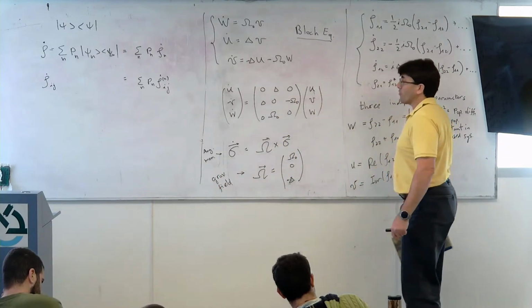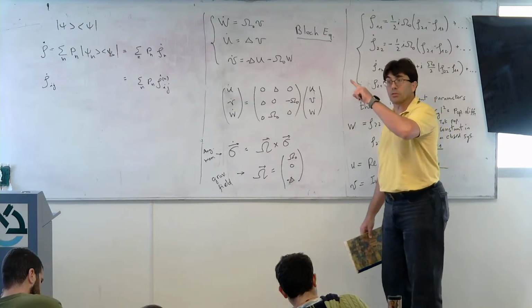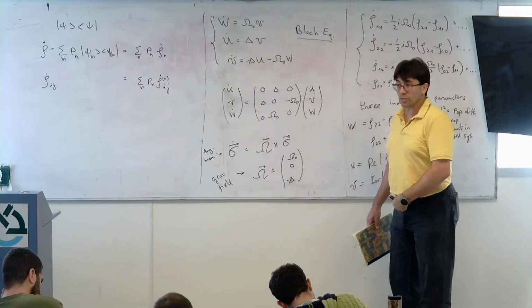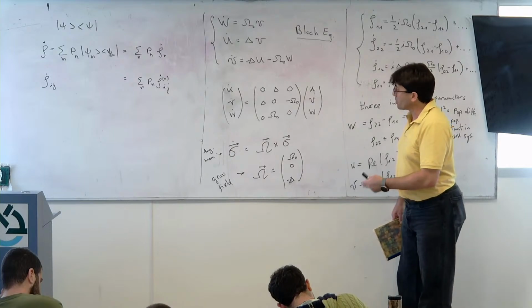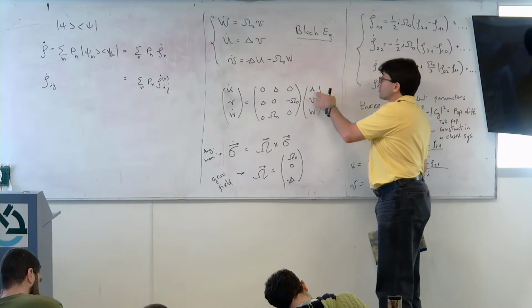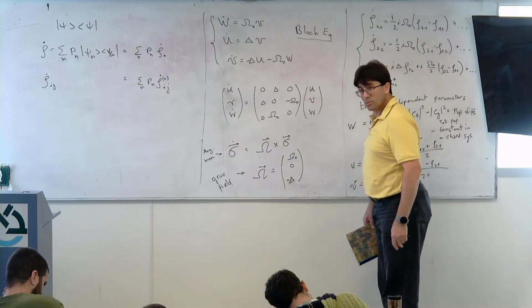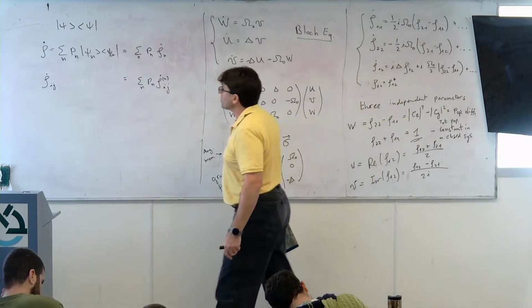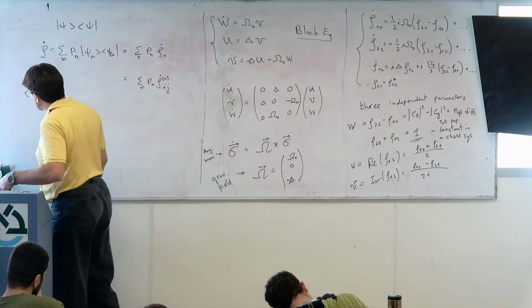In our case, it's a fictitious angular momentum in a fictitious gravitational field, but the equation is the same. Within this fictitious space, the dynamics is extremely simple.